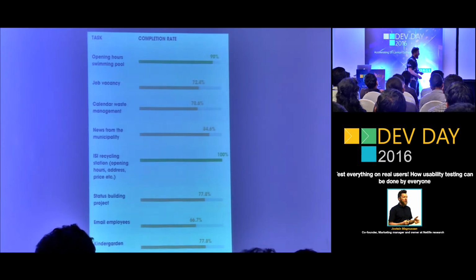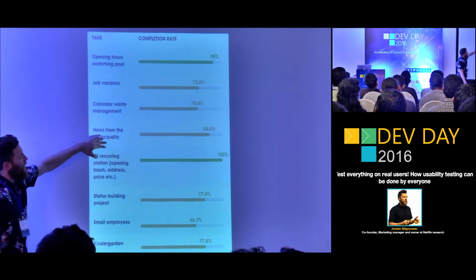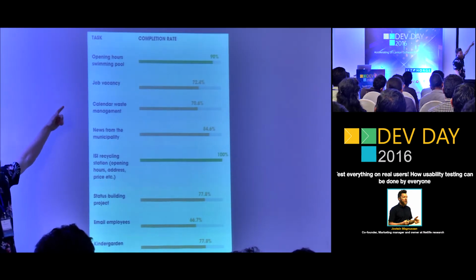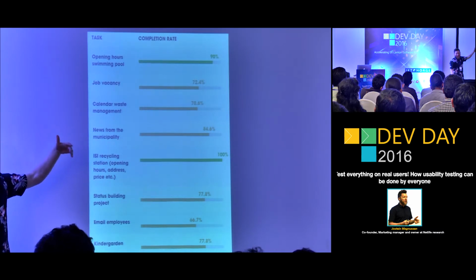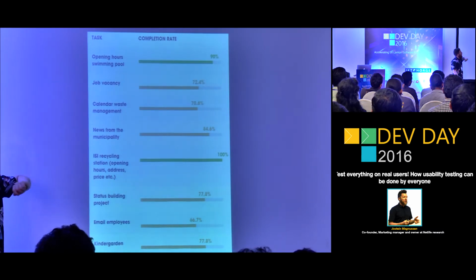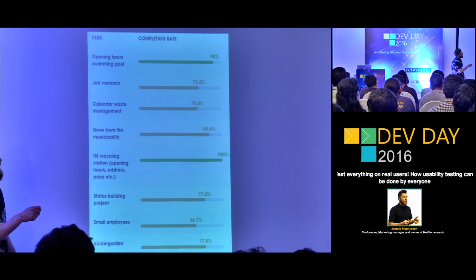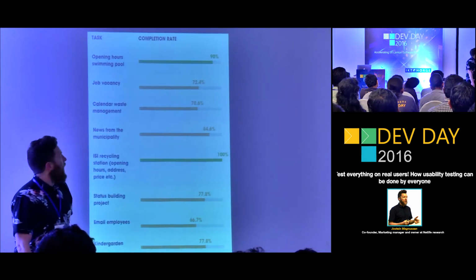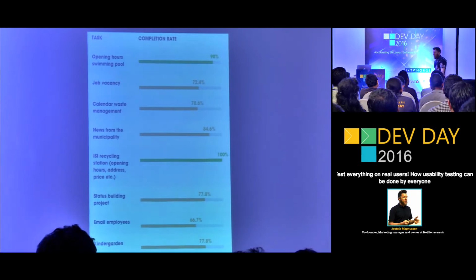This is from a Norwegian municipality website, where opening hours for the swimming pool was one of the most important tasks, and we see that 90% of the users coming to find these opening hours actually found them.